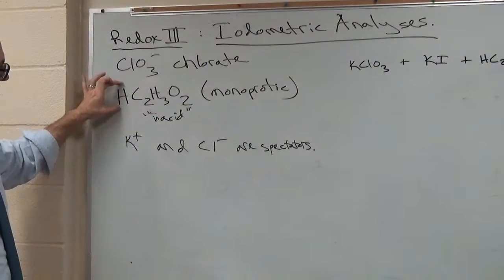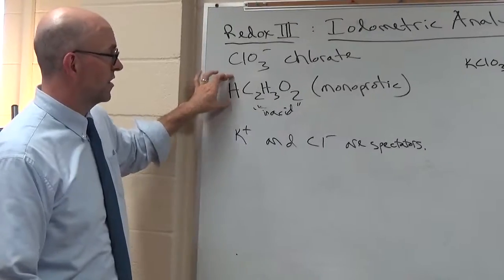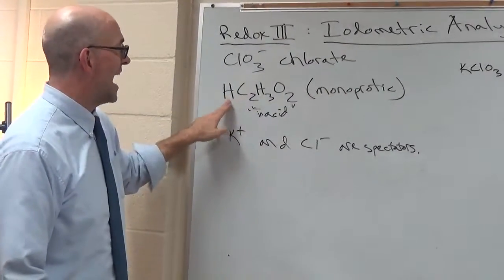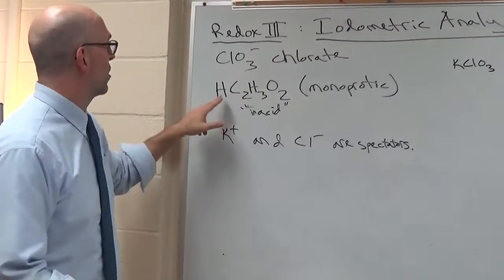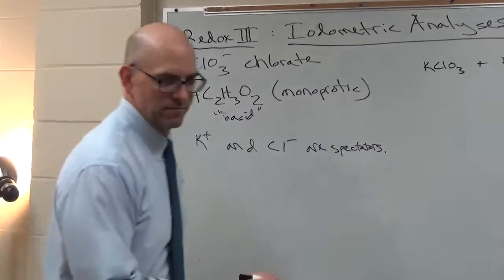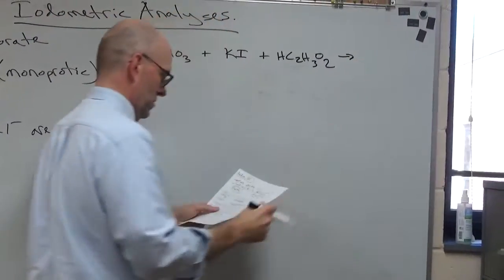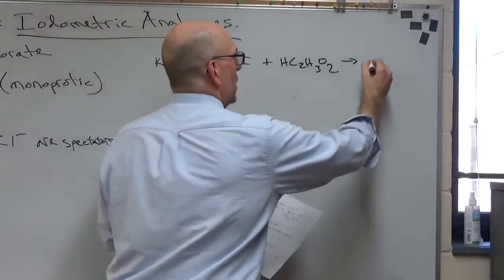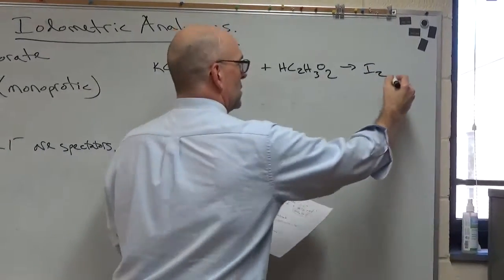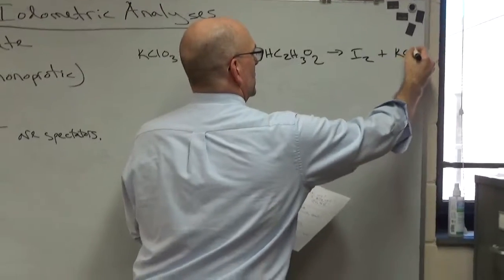That's because this is the hydrogen that is deprotonated, the one that produces the H+. So this is a monoprotic acid. It's a monoprotic weak acid if you want to be precise about it, but this is where the H+ comes from. And this forms iodine plus KCl.